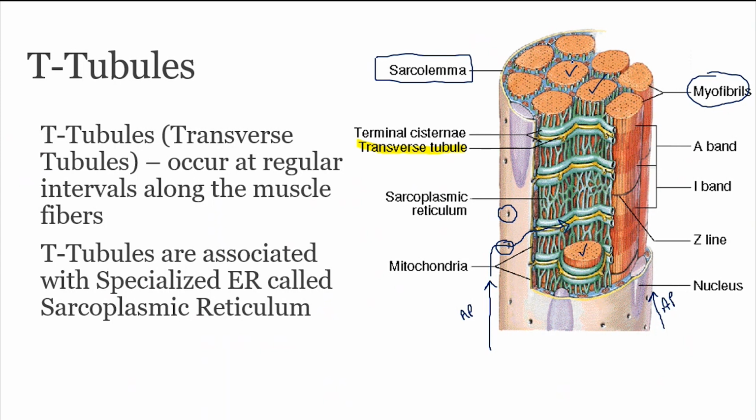So when the action potential arrives, it's not just the myofibrils that are in contact with the plasma membrane that are going to get to contract. It's every myofibril within that skeletal muscle cell that's going to get to contract at the same time, because of the T-tubules, which is a passageway, allowing that action potential to get to the deep inside part of that skeletal muscle cell. That's how that gets in there. Yep, otherwise it just travels around the surface.